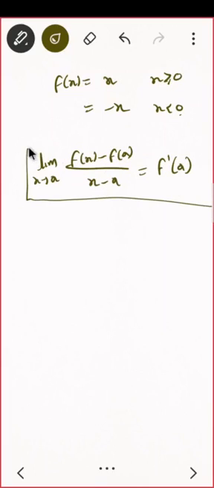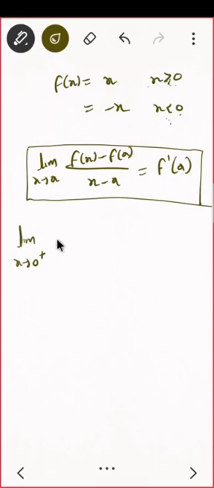Correct? And you know one more thing: whenever you have to solve a limit and your function is broken into parts, the function is different when x is positive and different when x is negative. So you have to take two cases: limit x tending to 0 plus, and one more, limit x tending to 0 minus.